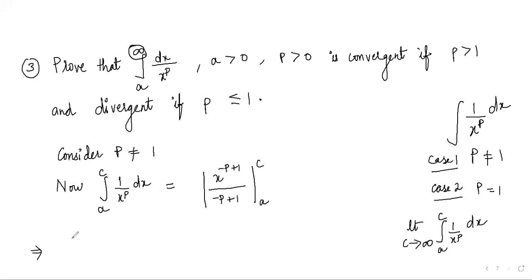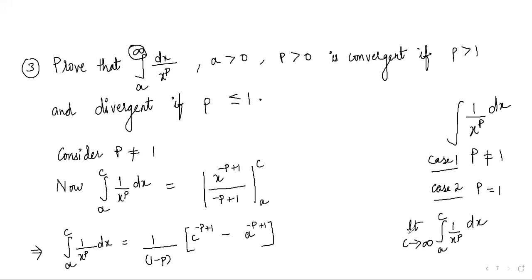This will give us, considering the lower and upper limits to evaluate this definite integral, 1 upon 1 minus p times c raised to power minus p plus 1 minus a raised to power minus p plus 1.